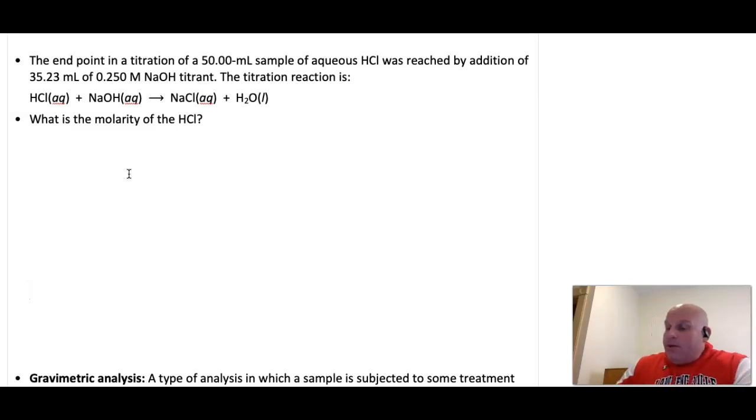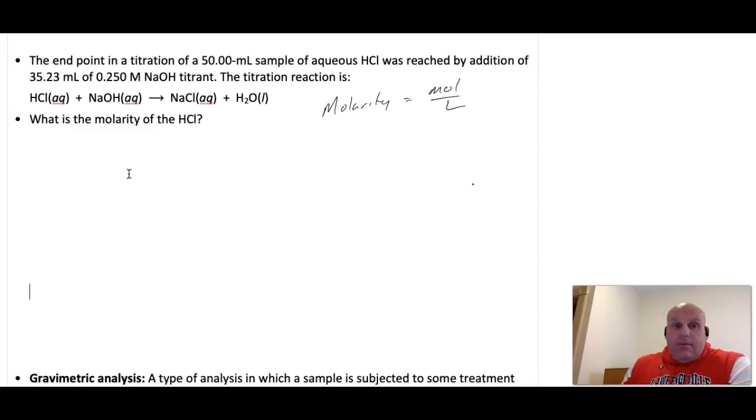Okay, the endpoint means, again, that the amount of our acid and the amount of our base, our analyte and our titrant, are the same, so have the equal number of moles. Okay, so things to remember here as I get into this problem: molarity, if you recall, is moles per liter. So that will be important for us here because we're obviously trying to determine the molarity of the HCl.